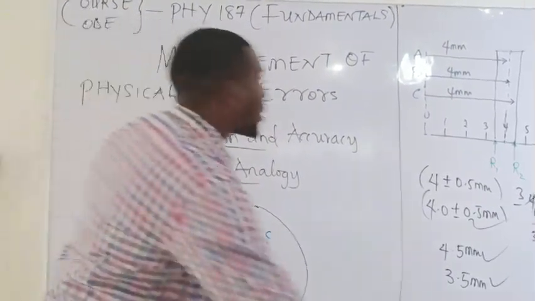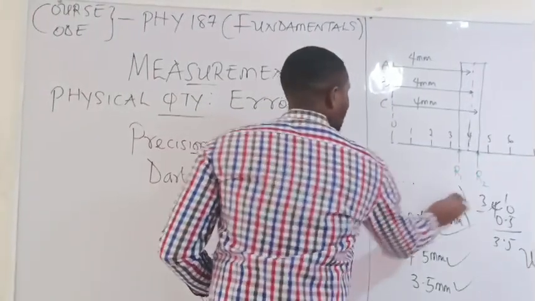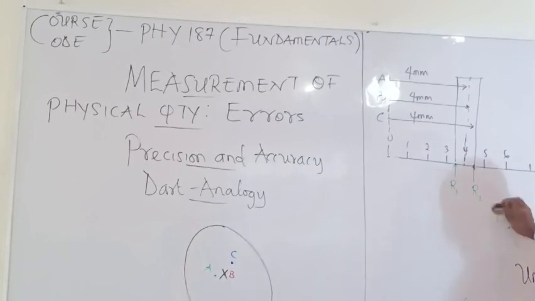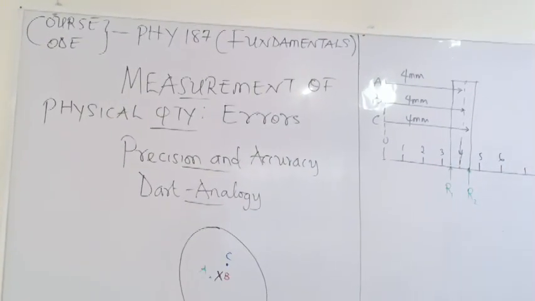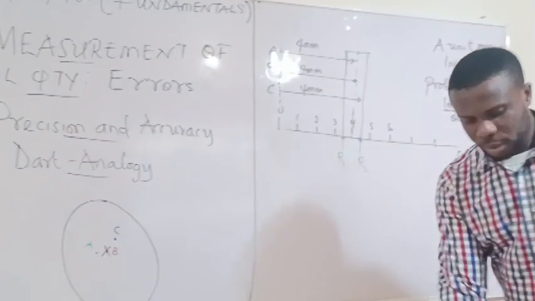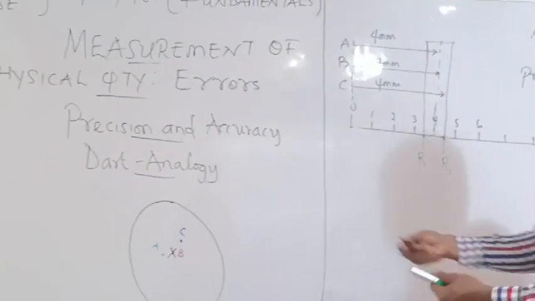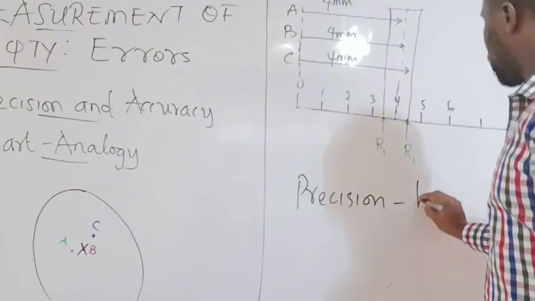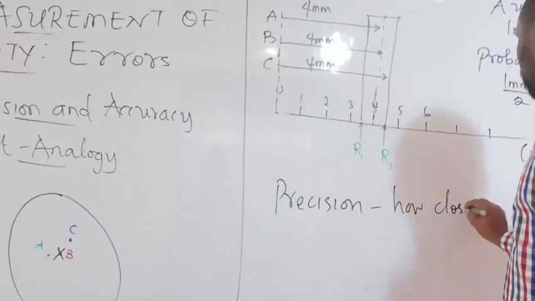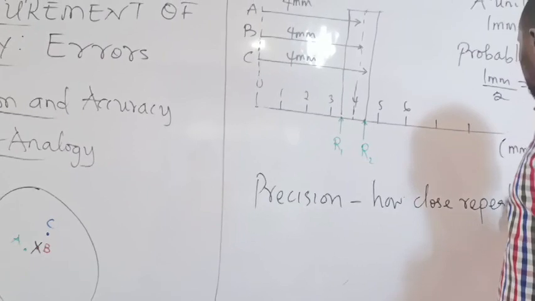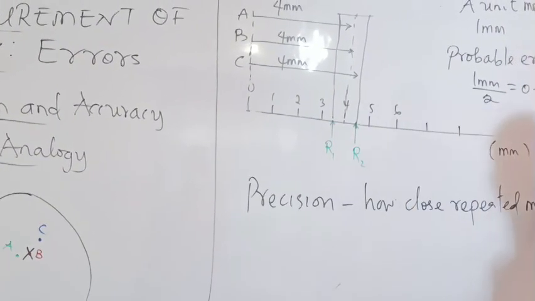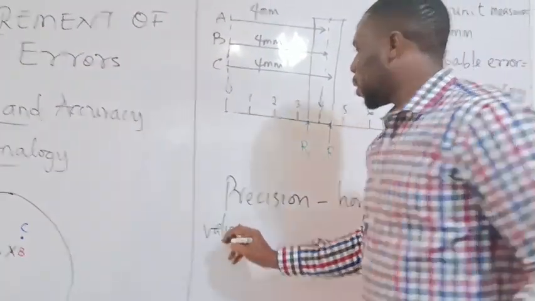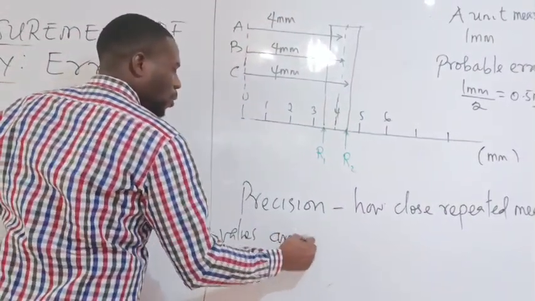Alright, now let me quickly define what precision and accuracy are. Precision, like I said earlier on, is how close repeated measured values are to one another.